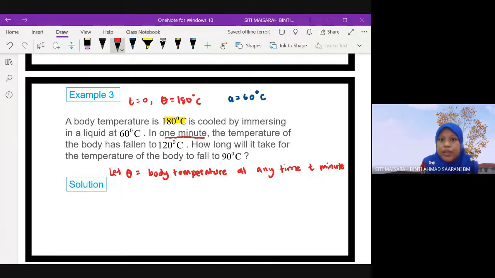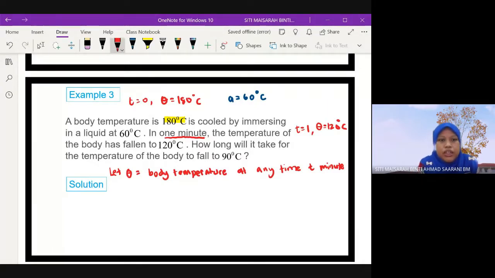Okay, tu ayat pertama. Dan kita tahu dia punya ambient temperature dia is 60 degree Celsius. In 1 minute, the temperature of body has fallen to 120 degree. So jadi bila T1, theta equals to 120 degree Celsius. Okay.